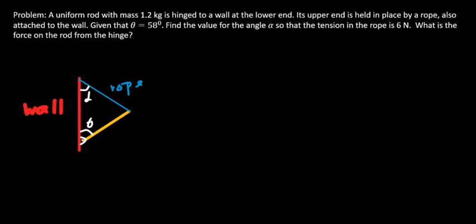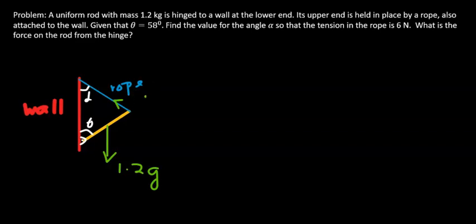The first step is to set up the free body diagram of the rod. So it is the rod which is in a state of static equilibrium. The first force is of course its weight, which acts in the middle of the rod. And we know it is 1.2 times gravitational acceleration. The second is of course tension in the rope.